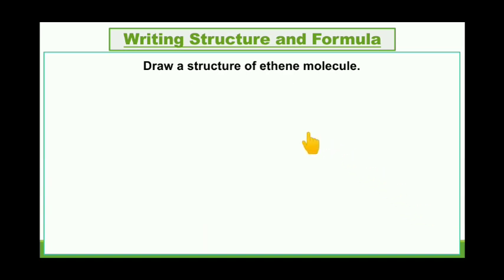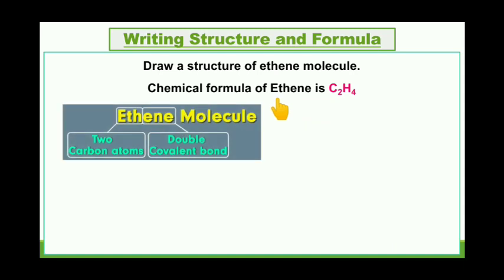Let's take one more example. Draw a structure of ethene molecule. Ethene. So what is the formula of ethene? C2H4. Now what is the prefix? Eth. That is 2 carbon atoms. And what is the suffix? "ene", which helps us to understand it is the alkene family having double covalent bond.